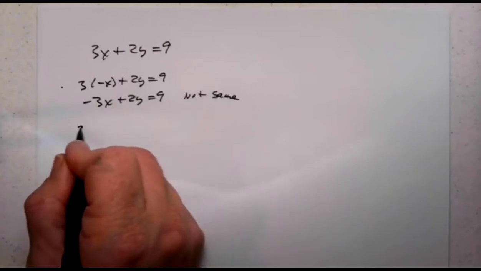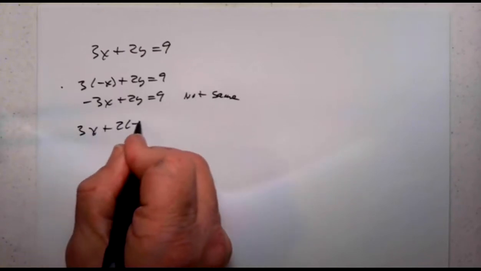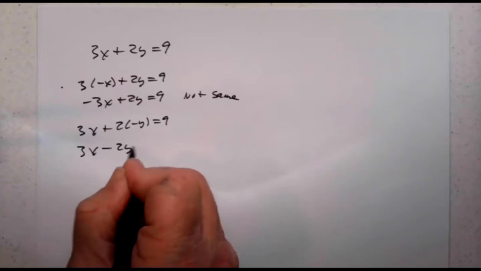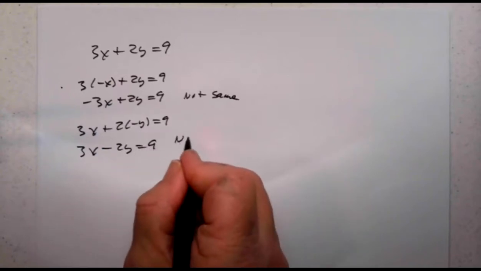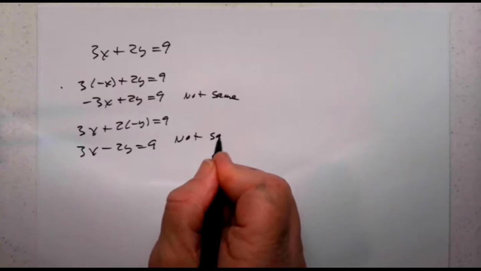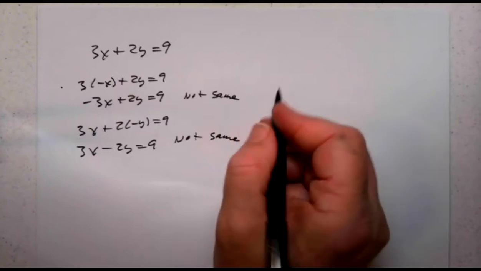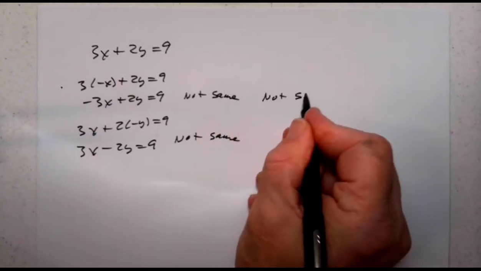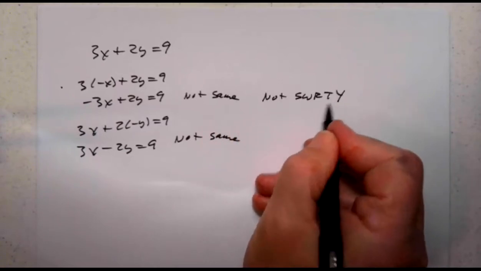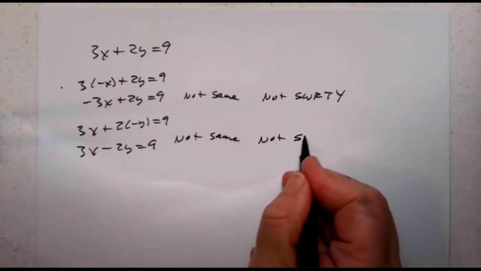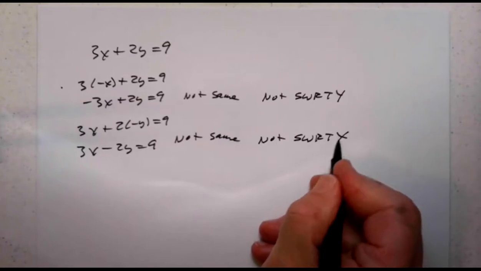Replace y with negative y, 3x plus 2 times negative y is 9, 3x minus 2y is 9, not the same as 3x plus 2y equals 9. If I replace x with negative x, not the same, so it is not symmetric with respect to the y-axis. Replace y with negative y, not the same, so it's not symmetric with respect to the x-axis.